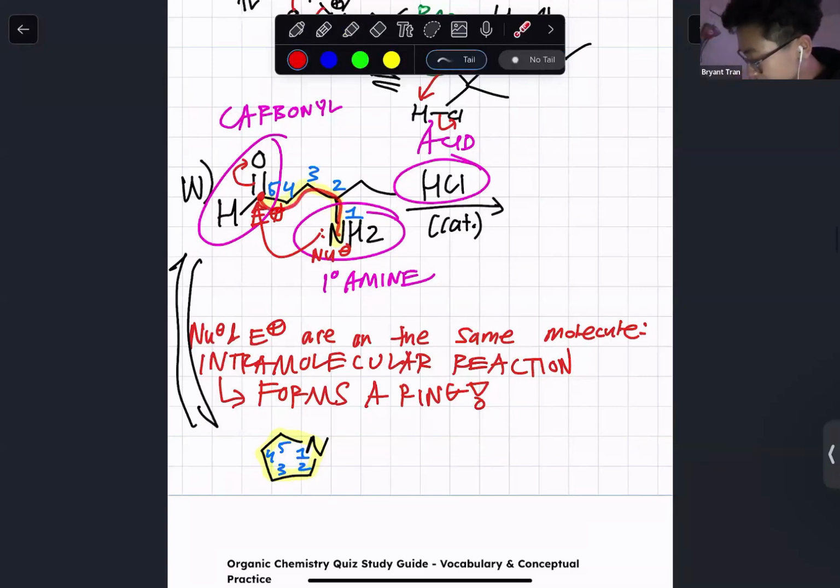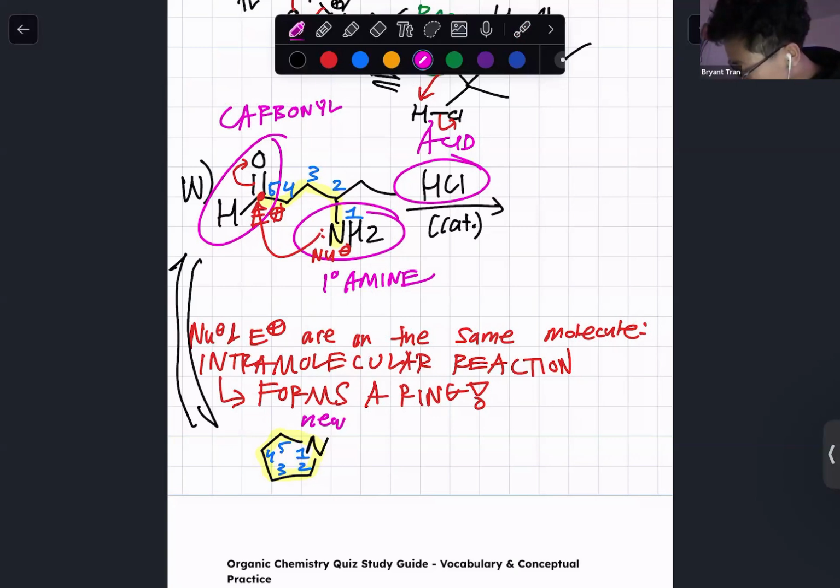That yellow highlighted part is this yellow highlighted part. We closed the ring, right? This nitrogen closed the ring. We made a new bond between 1 and 5. Before, there was no bond between this nitrogen atom and this carbonyl carbon atom, but we made that new bond right there, right? This is the new bond right here between 1 and 5. It was not there before, but we made that happen by attacking that carbonyl with this nitrogen, right?